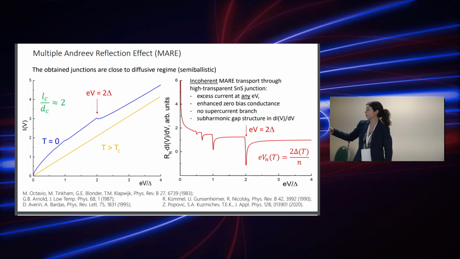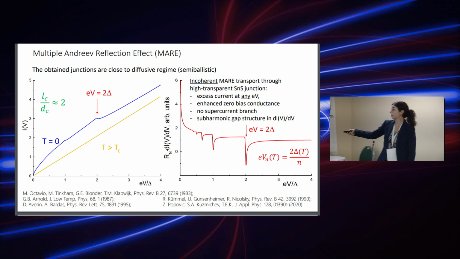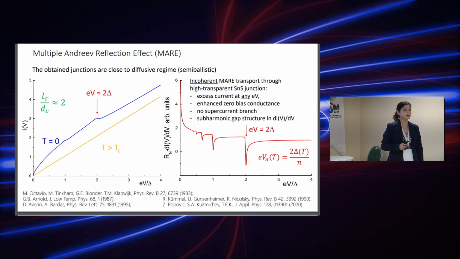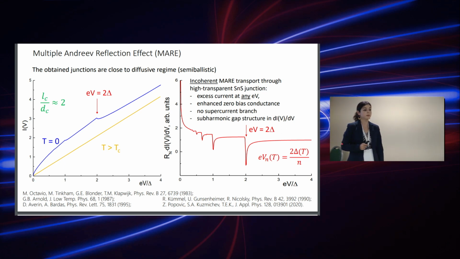In the Josephson regime, we observe the critical current and Josephson supercurrent branch. But how do they differ in different positions, or how do you separate both regimes from one another?